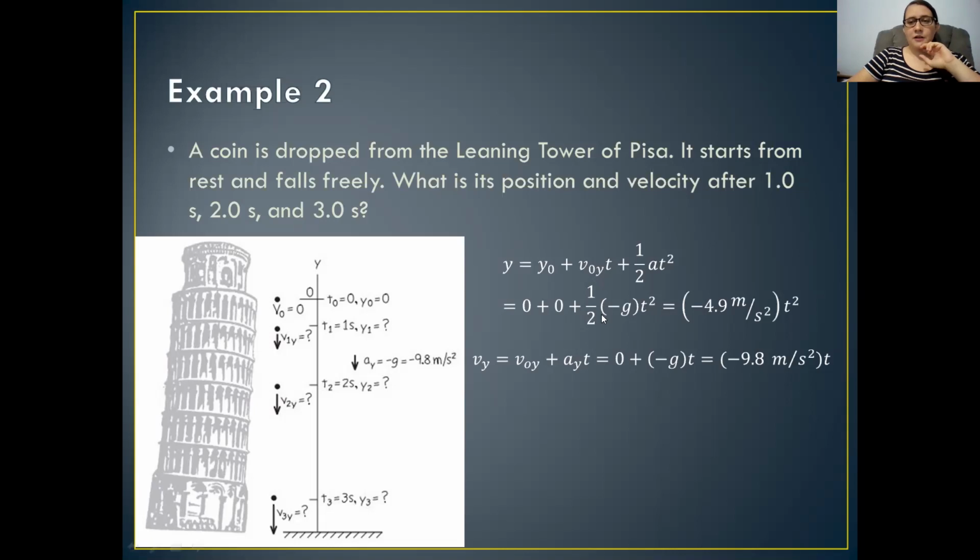So 1/2 of negative 9.8 is negative 4.9 meters per second squared. So this equation simplifies quite a bit to just negative 4.9 t squared. Okay, so that's for its position.